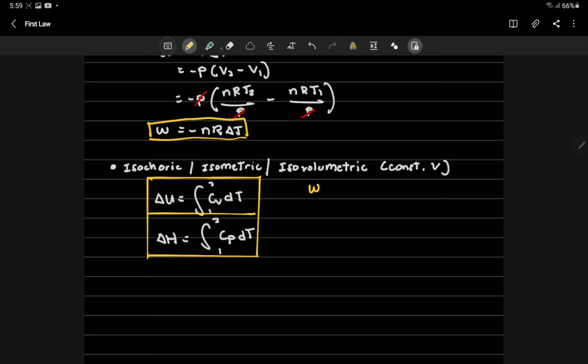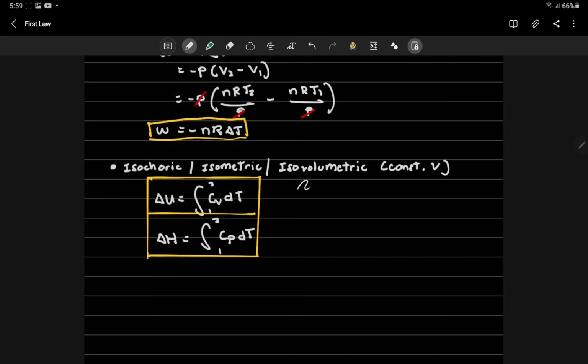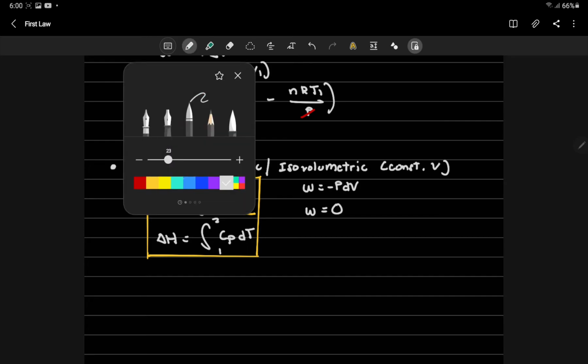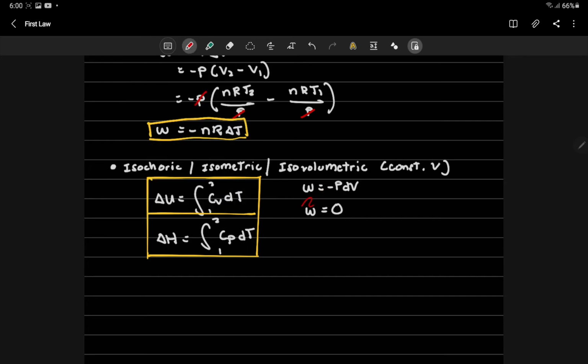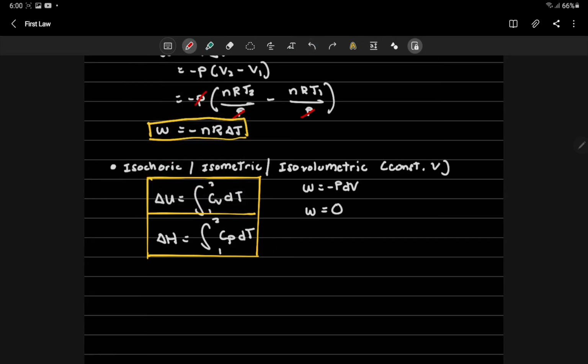Work is minus PdV. Okay? Isochoric nga tayo eh. Constant volume tayo. So therefore, work will just be equal to 0. Kasi meron kang dV. dV is 0, so work is 0. So that is the third equation.